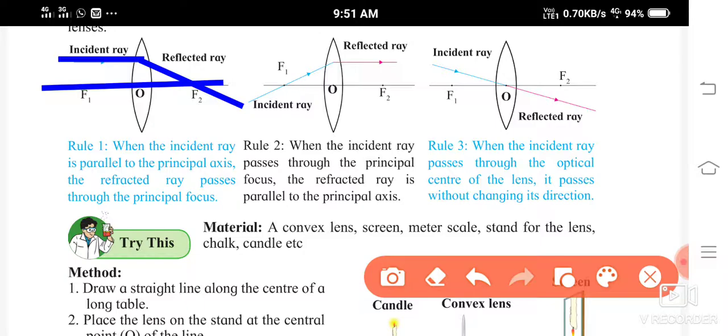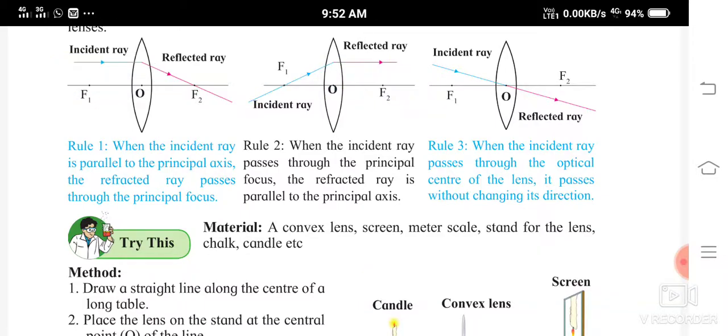Now, rule number 2: when the incident ray passes through the principal focus, the refracted ray is parallel to the principal axis. This was also the same in mirror rule 2. When the incident ray passes through this focus, the refracted ray which comes out is parallel to the principal axis.